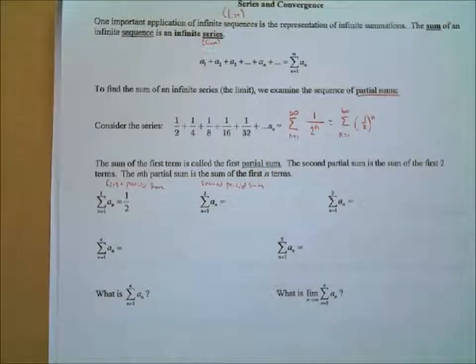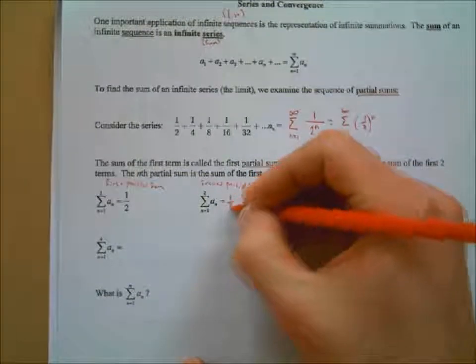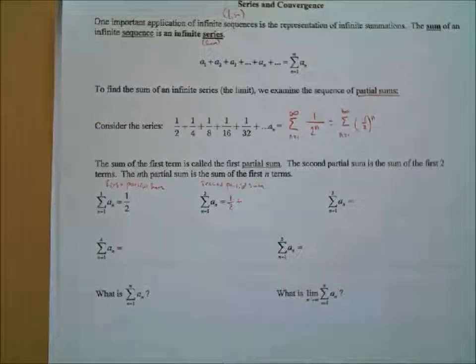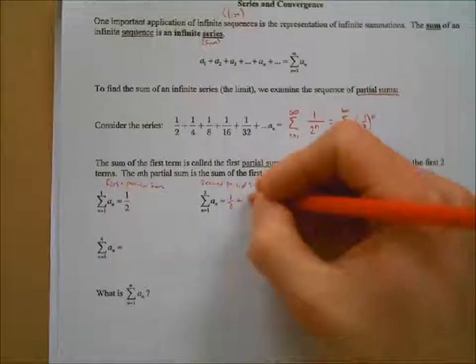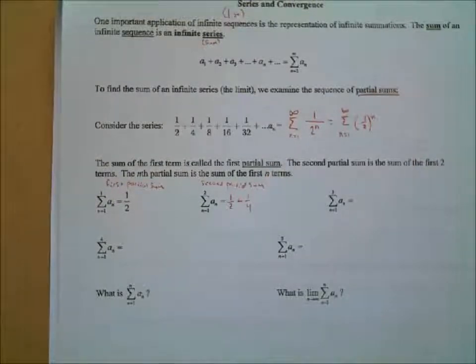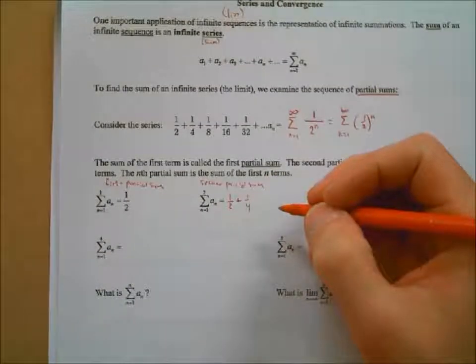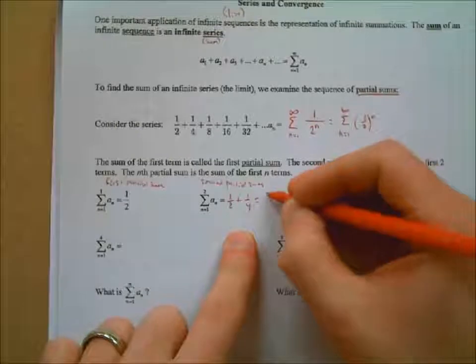Okay, so that's going to be 1/2 plus what else? 1/4, right? We're just adding the second term there. 1/2, well that's 2/4 plus 1/4, so we get 3/4, right?